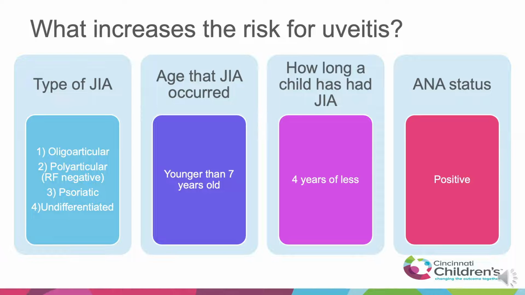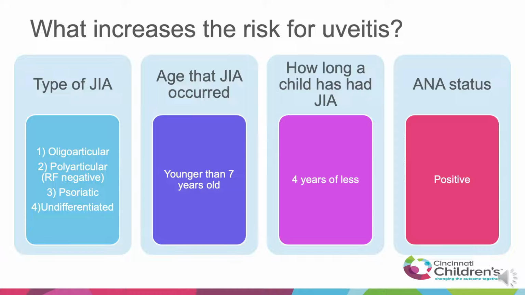So children who have the highest risk are those with these subtypes listed. So oligoarticular, which means 4 joints or less are involved, polyarticular, which means 5 joints or more are involved, but who are rheumatoid factor negative, psoriatic JIA, and undifferentiated JIA.